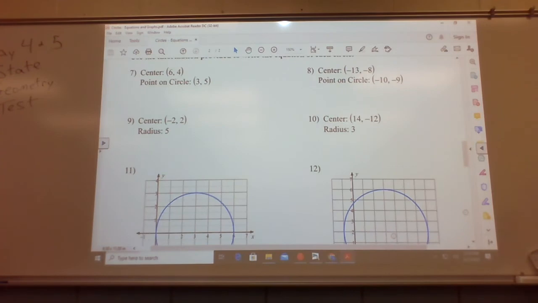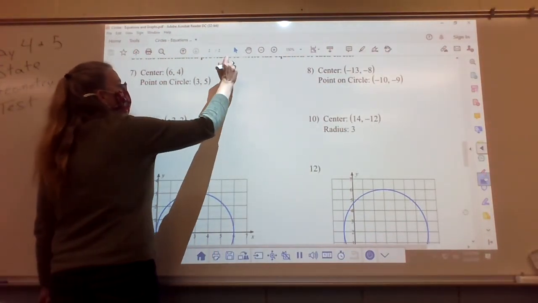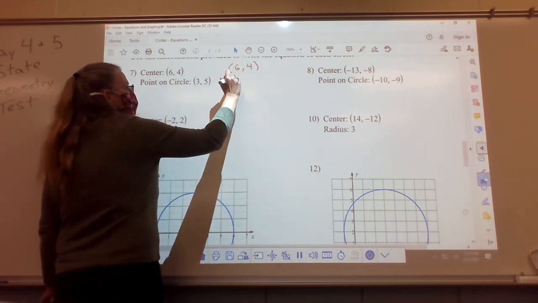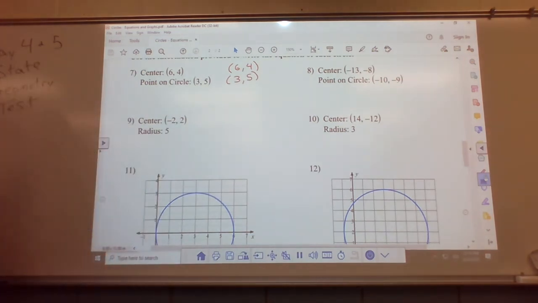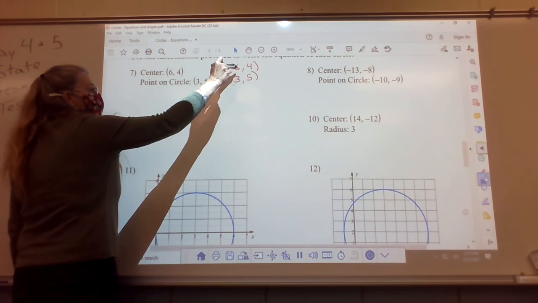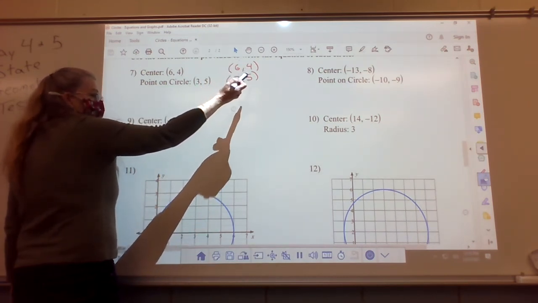So I like writing these on top of each other. It's just easier to keep track of what's what. So I'm going to rewrite these two coordinates and line them up. Like I said, between 3 and 6, there's a 3 difference. And it doesn't matter if it's plus or minus because it's distance. And distance doesn't care.